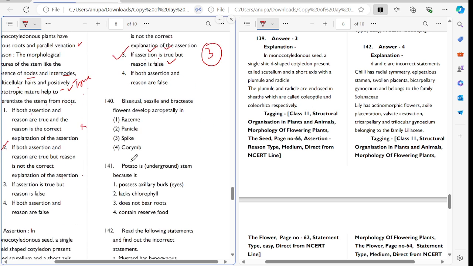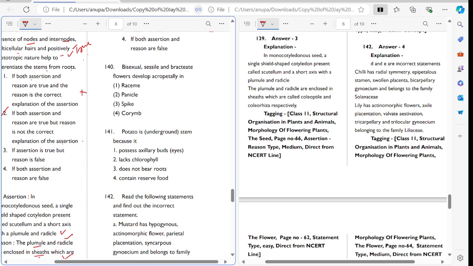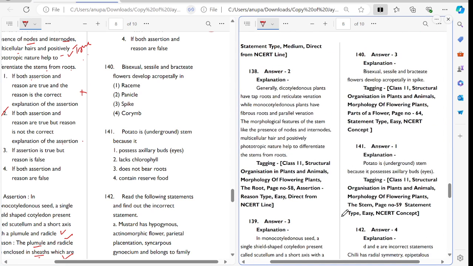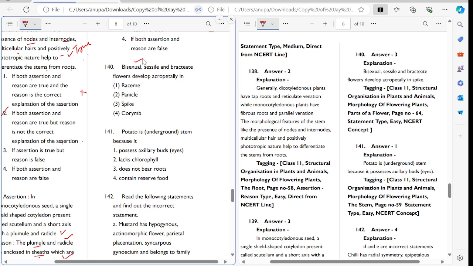Now let's move to question number 140. Question number 140 states that bisexual, sessile and bracteate flowers develop acropetally in. That is bisexual. Sessile means the flowers without pedicel.